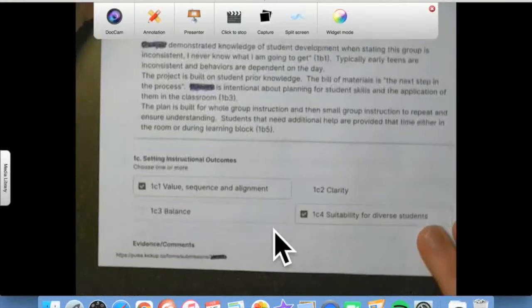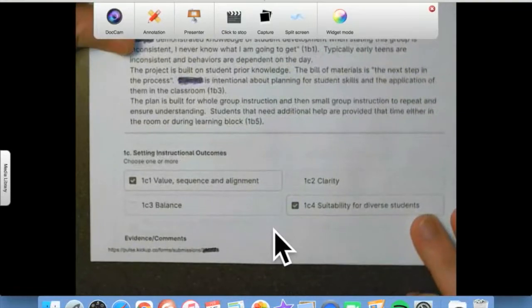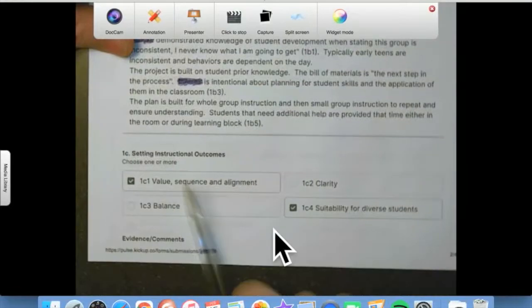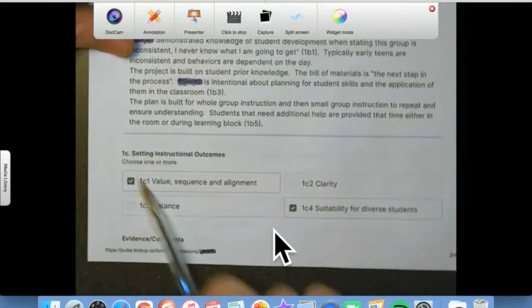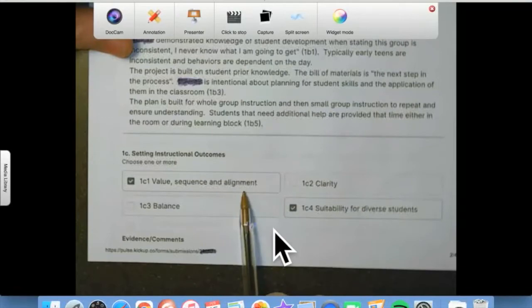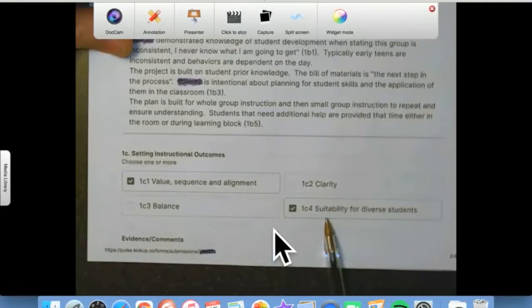Setting outcomes. So setting the value, the sequence, and alignment, that's all based on what we read earlier. Basically setting a good context and making sure that everything is aligned with your state standards and disciplinary standards, as far as what fits within your educational discipline, and whether or not the lesson was suitable for diverse students.